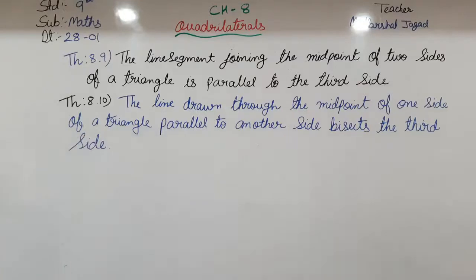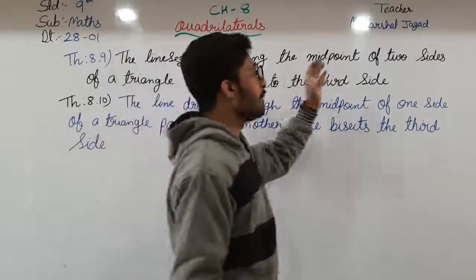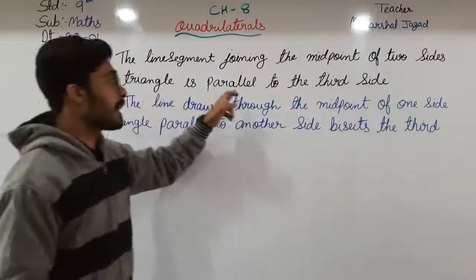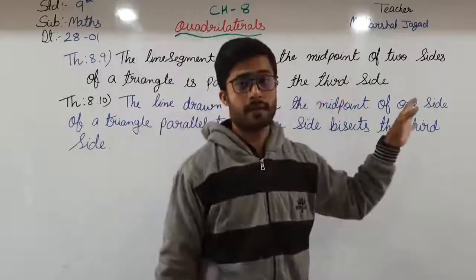First of all, let us understand this theorem. Okay, students. Here, the line segment joining the midpoint of two sides of a triangle is parallel to the third side.